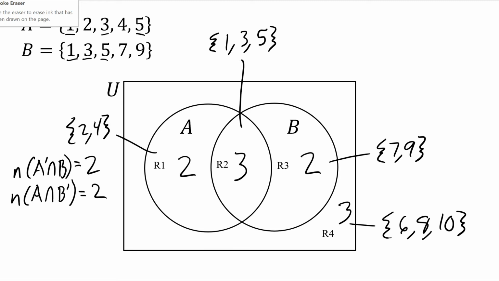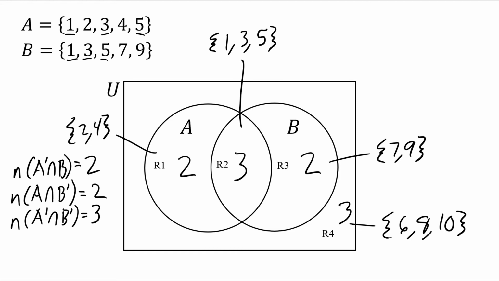Actually, one more before we get to the really challenging one. Let's do A complement intersect B complement. So those are the number of elements that are not in A and not in B, and that's region 4. That's the 3 elements that are not in A and also not in B.